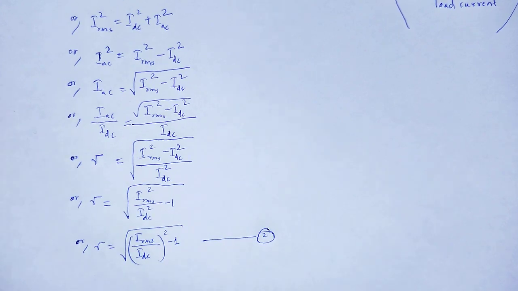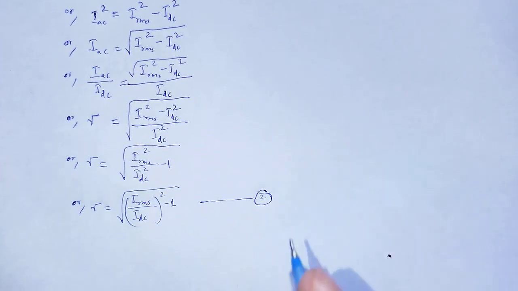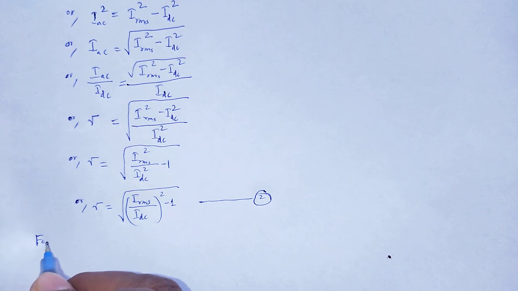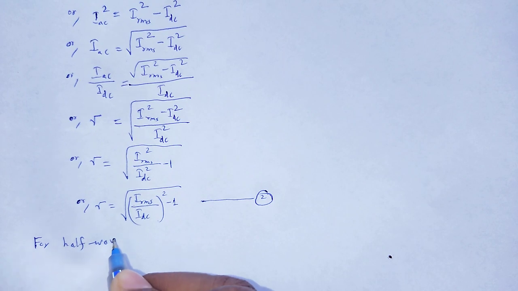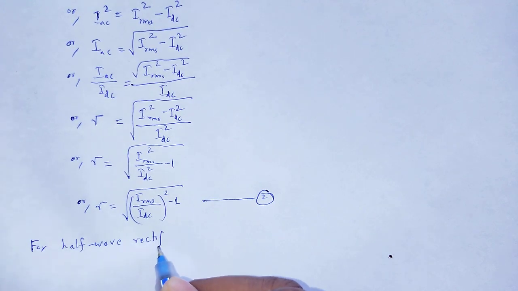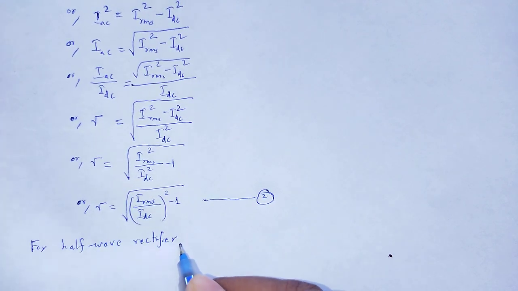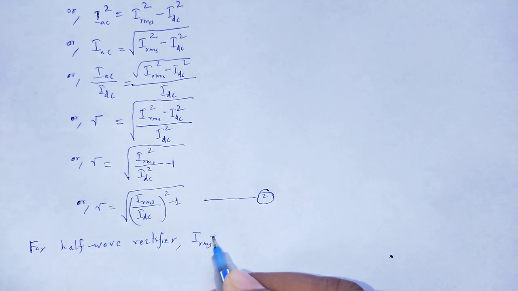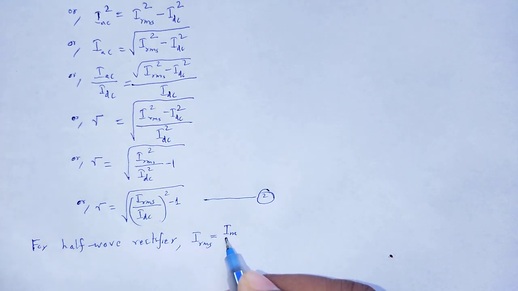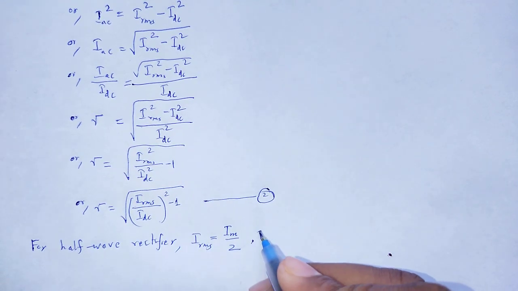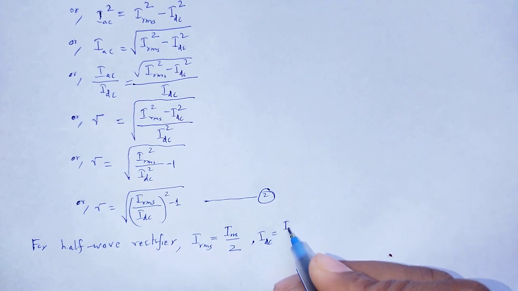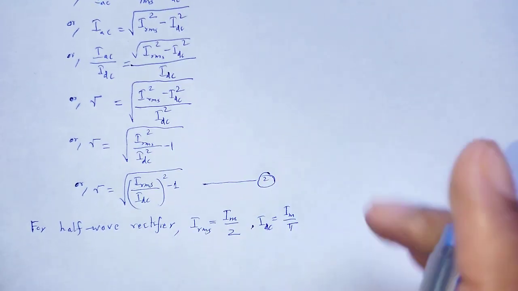Now we can easily calculate the ripple factor for a half wave rectifier and for a full wave rectifier. For a half wave rectifier, I RMS is equal to I M divided by 2, where I M is the peak current, and I DC is equal to I M by pi.